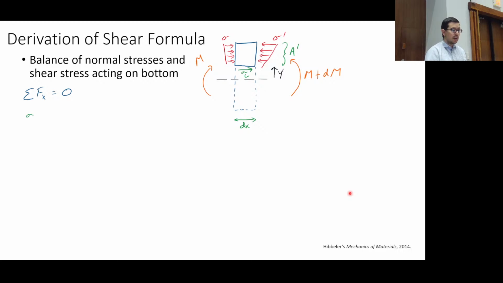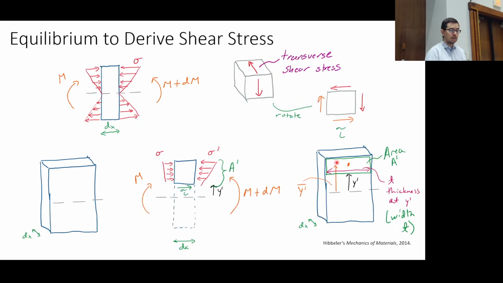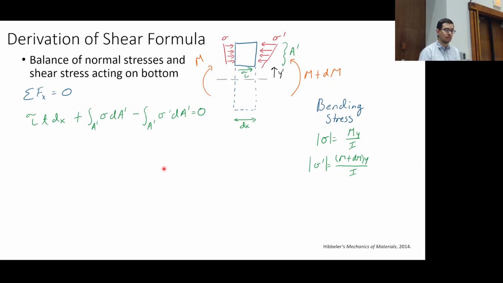We have sigma dA prime, the sigma acting over this area, which we've described here, and a minus sigma prime acting against this whole thing, and this is equal to 0.